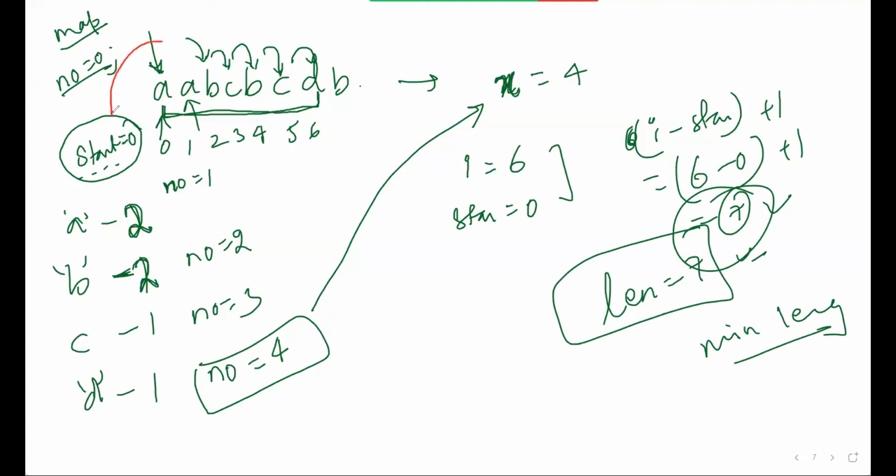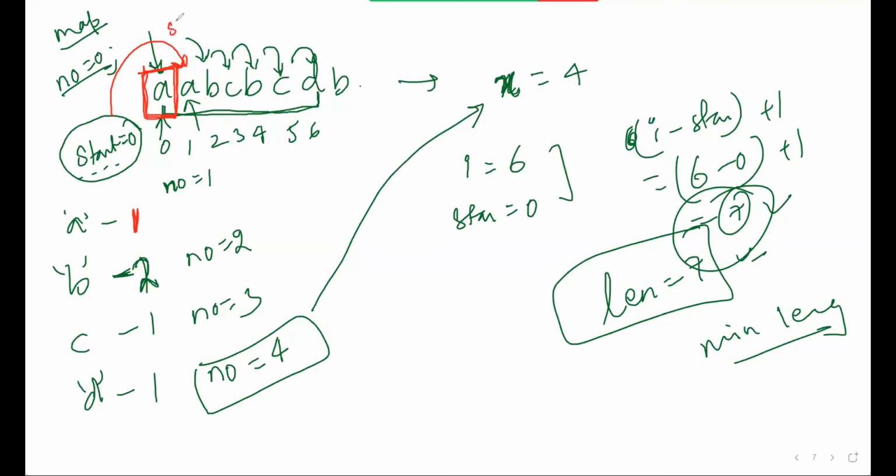Before updating, what I'm saying is, if I don't take this character, can I get a smaller length string? That is the whole motive of this. So before moving that, I also need to reduce the frequency of this character. If I reduce the frequency of this from 2, it will become 1.